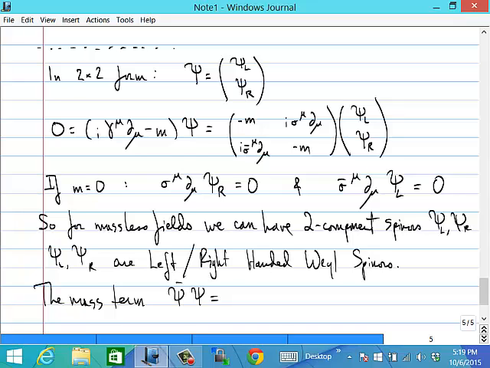Well, remember that involved a gamma 0, and gamma 0 was the matrix 0, 1, 1, 0. So in terms of the Weyl spinors, that would be like psi left dagger psi right plus psi right dagger psi left, and that mixes the two component spinors.